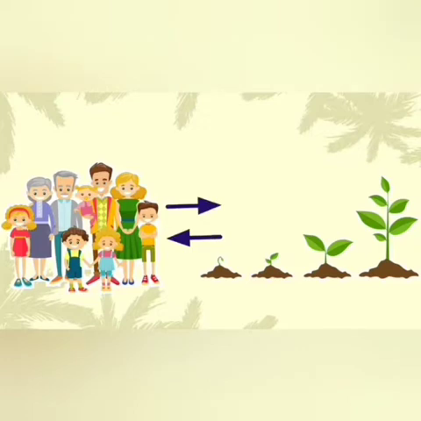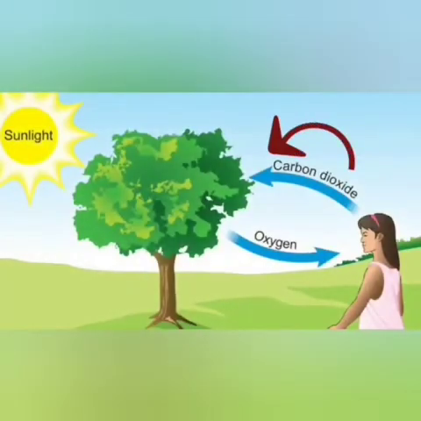We are interdependent on each other, which means we cannot live without plants, nor can the plants live without us. We give carbon dioxide to plants and plants give us oxygen to breathe. Therefore, plants need us to grow and we need plants to live.